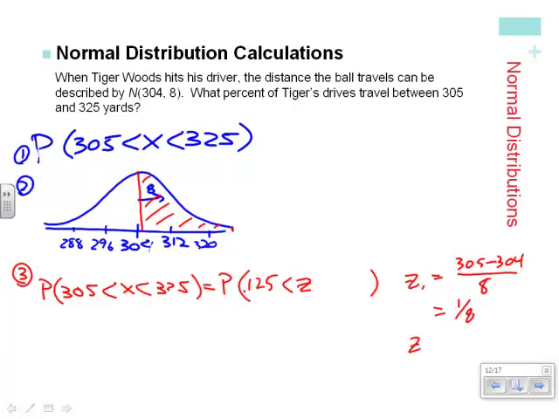The second z value is going to be 325 minus 304 divided by 8, which is 21 divided by 8, which is going to be 2.625. Yep. 2.625.